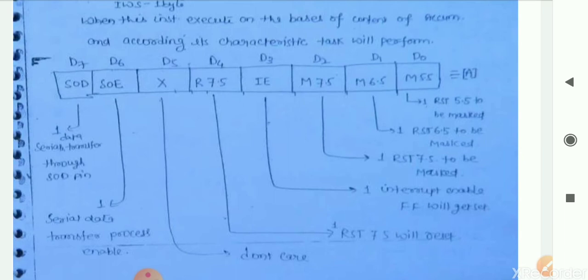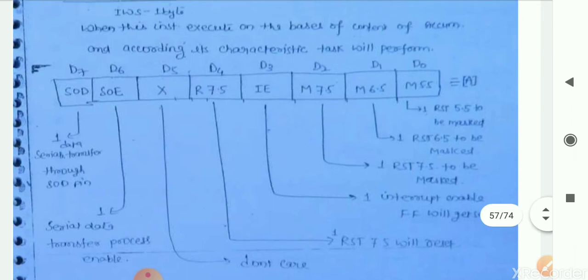By setting the D6 bit to 1, we are enabling the serial data transfer mode, and if the D7 bit is 1, serial data can be sent out. We have seen in the pin diagram of the 8085 that there are two pins for serial data transmission: the SOD pin and the SID pin, serial out data and serial in data.